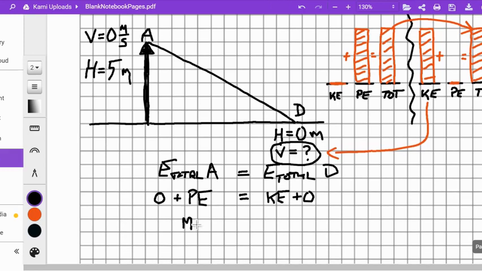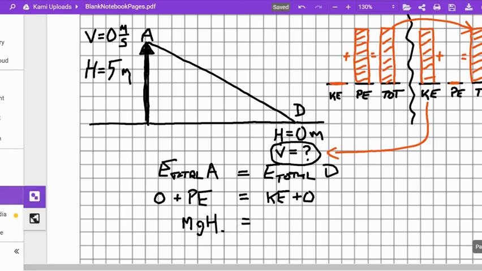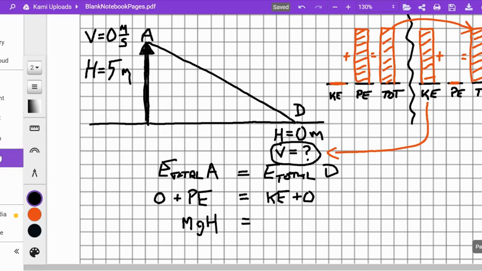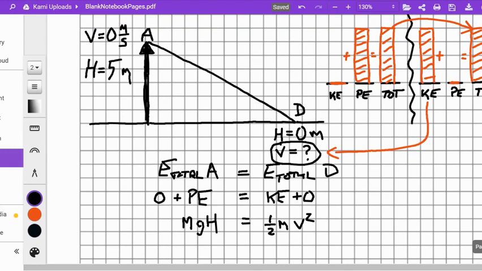So I've got, for potential energy, mass times gravity times the height at A. Actually, we don't even need to write that if you don't want to. So just mass times gravity times height, and that's equal to 1/2 times mass times velocity squared at D. Okay. And then we can go ahead and solve it.